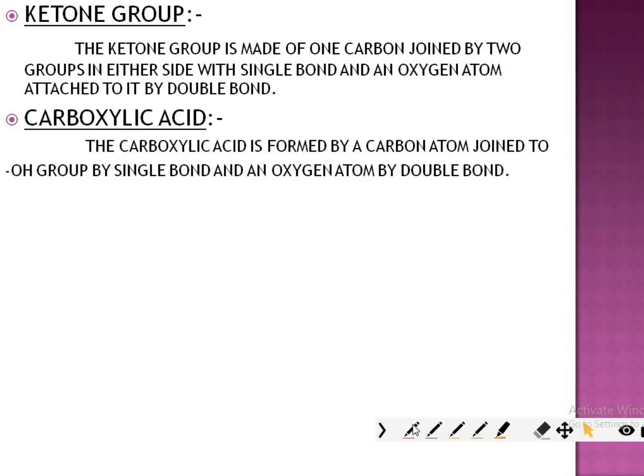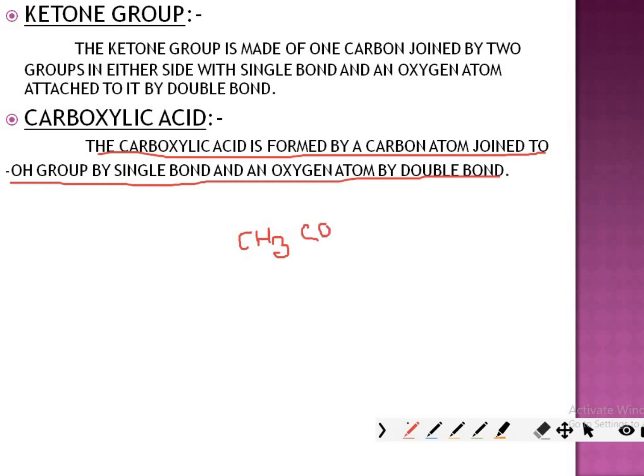Next group we have carboxylic acid. It is an acid group. Carboxylic acid is formed by carbon atom joined to OH by single bond and oxygen atom by double bond. Let's see CH3 COOH.